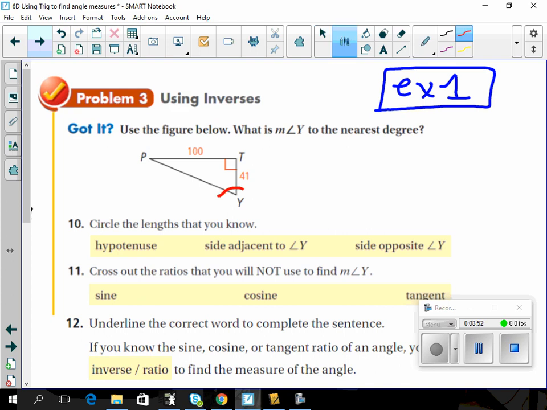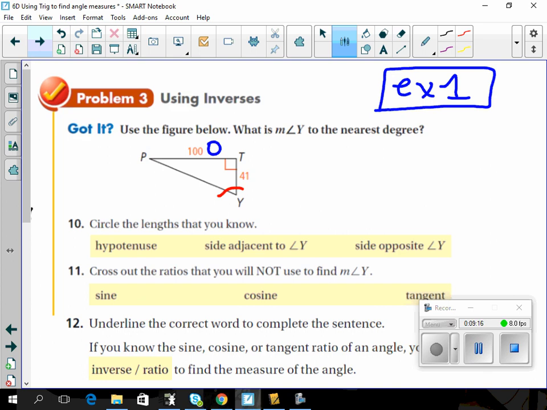I still have a couple of sides to label as my O, my H, or my A. So let's do that. How about the 100? According to angle y, that's what we're trying to find, is it opposite, adjacent, or hypotenuse? Good. It's across from the angle, so it's my opposite. Excellent.